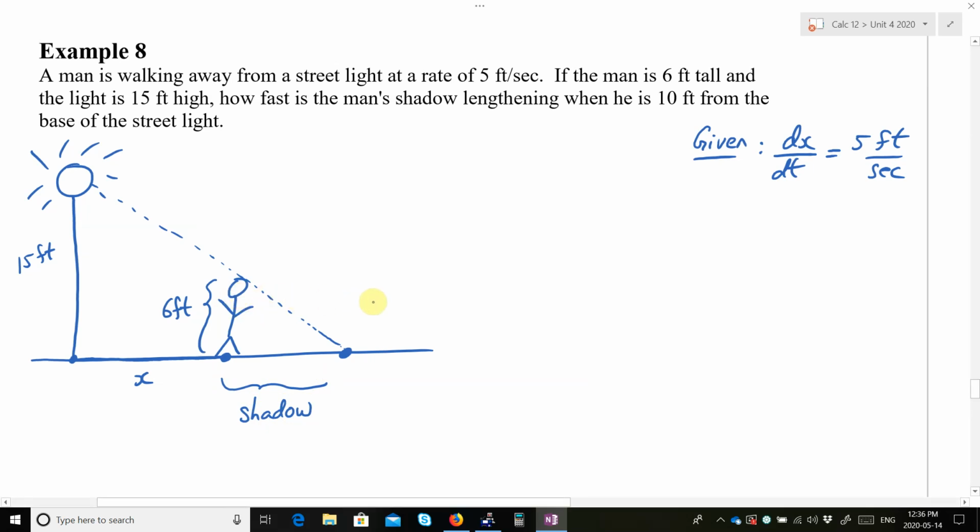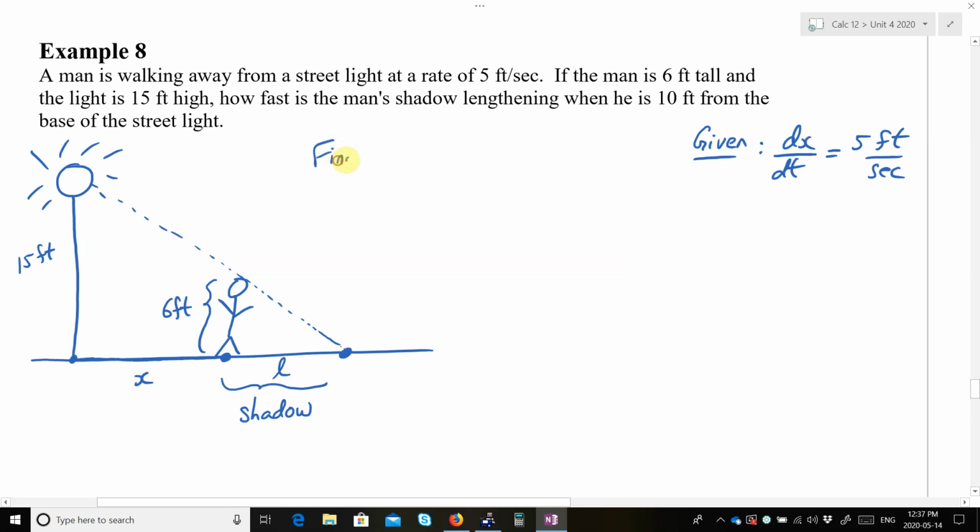And the more he moves away from the light, the sharper the angle will be of the light beams, and it will create a longer shadow. So we can call the length of the shadow L. How fast is the man's shadow lengthening?